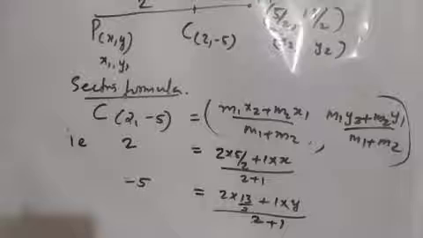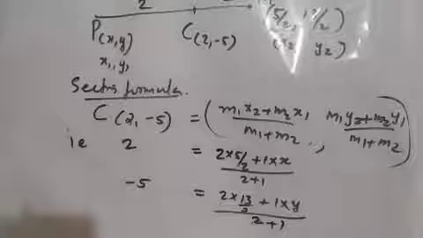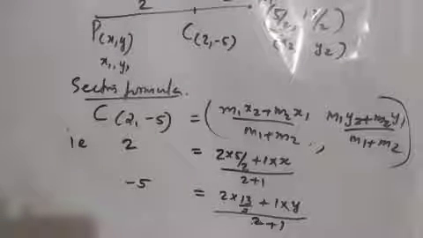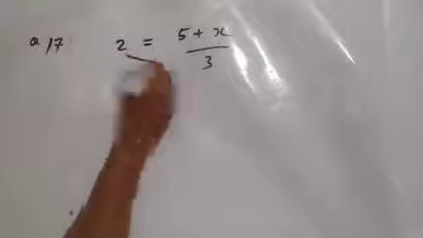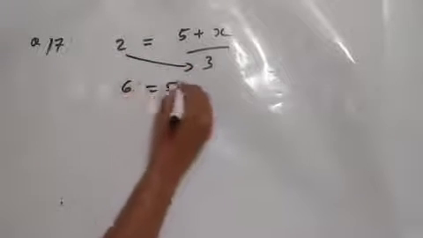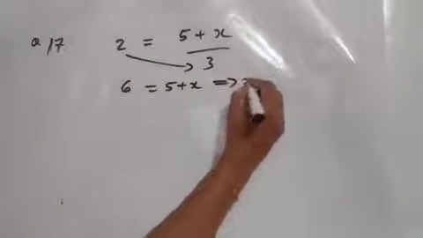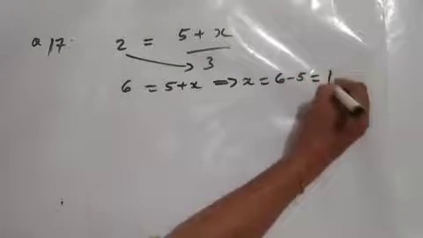Cross multiply to obtain x and y. We can cancel out 2 and 2. So (5 plus x) by 3. Cross multiply: 6 equal 5 plus x, or x equal 6 minus 5, that is 1.